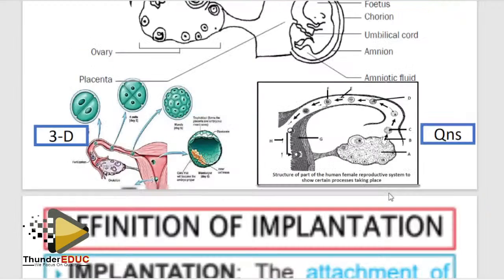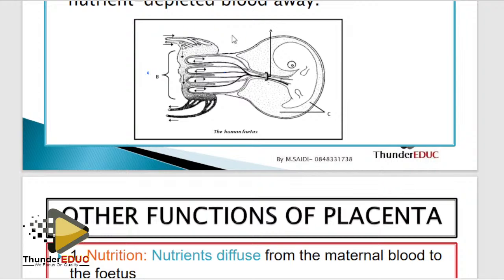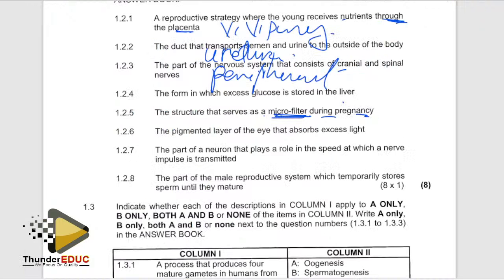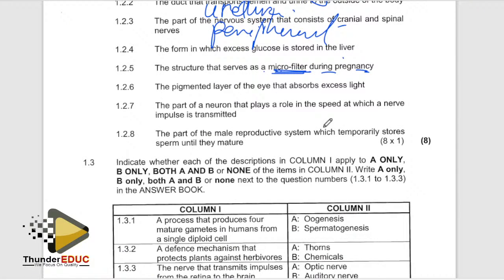The processes which keep harmful things from entering you are exactly the same processes done by the placenta. That's what you're supposed to know, and this is the one which carries oxygenated blood. This is the other objective we talked about, but I didn't want to come back to the distinction material to show you that. Anyway, just use the distinction material for paper 2 so that you don't lose the distinction. At least you still have 2 days.